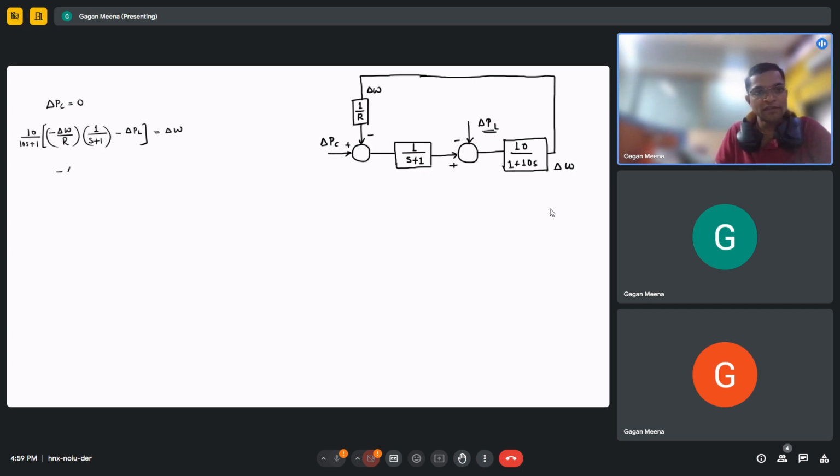So what we can write, this is delta omega into, say, minus 1 here, 1 by R into S plus 1 into 10 divided by 1 plus 10s.